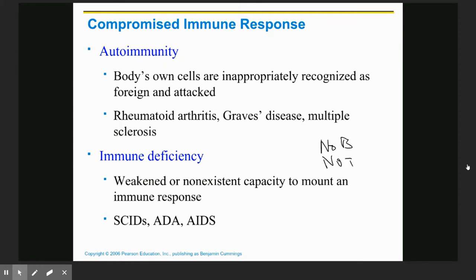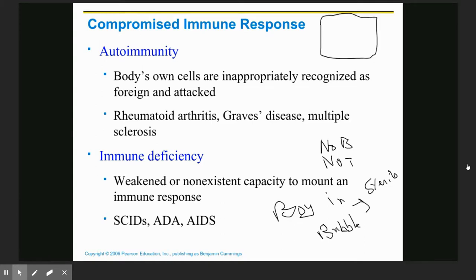I don't know if you've ever heard about the boy in the bubble, but that's what he was. He had no B cells and no T cells, which means basically anything could kill him. Well, they figured this out right after birth, and they basically put him in a sterile environment. His room was a sterile environment. He could never touch another person. He lived basically inside this box.